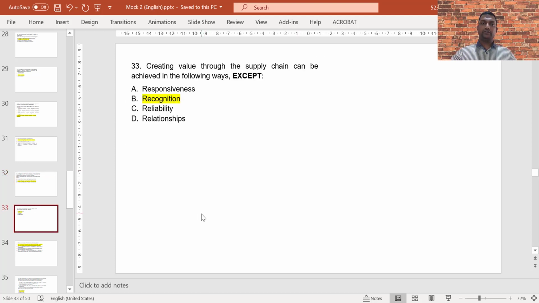Next question, 33. Creating value through the supply chain can be achieved in the following ways except. Again, there are three options which create value through the supply chain, and one way which does not. So let's look at how this is explained.